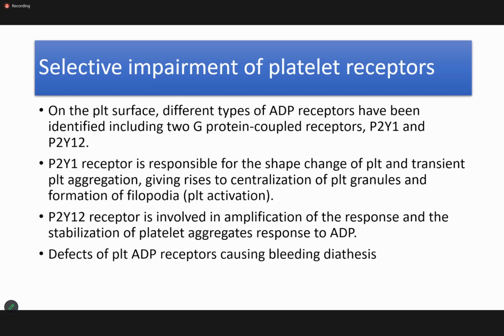Any defects of the platelet ADP receptor can cause bleeding disease.